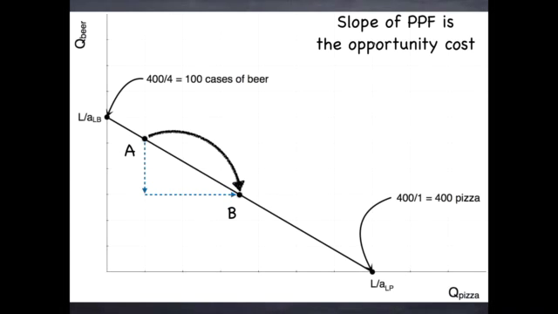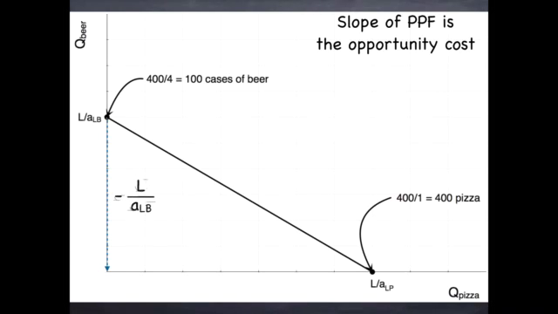And remember that the slope of the PPF is the opportunity cost. It tells us that if we gain more of one item, how much we have to give up in order to achieve that. If we want to physically calculate what the slope looks like, we can start at this point here, this extreme end of producing nothing but beer, and then move to the point where we're only producing pizza.